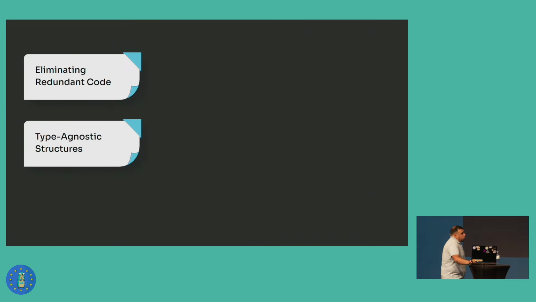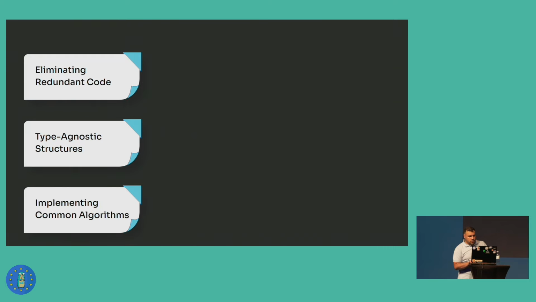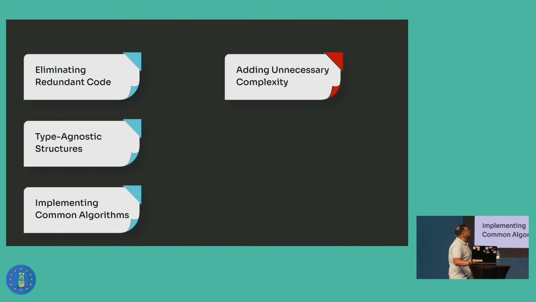Type-agnostic structures: when you want to implement a queue or stack, use generics instead of using interfaces. And implementing common algorithms, to avoid boilerplate code. And when you want to do filtering and mapping functions, generics can make them more flexible and reusable.